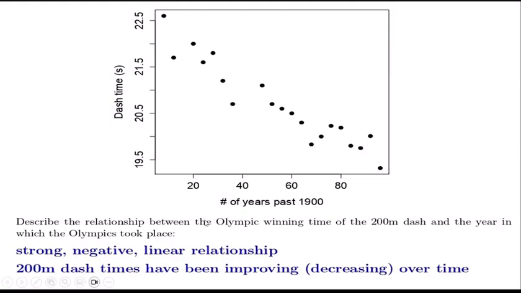Okay, and that was why I said strong, negative, linear relationship. And of course, the interpretation for a negative relationship is that the 200-meter times have been improving over time, because the time for the 200-meter dash and the years actually move apart.